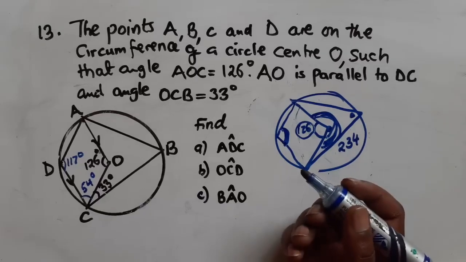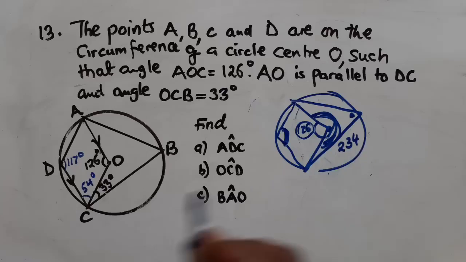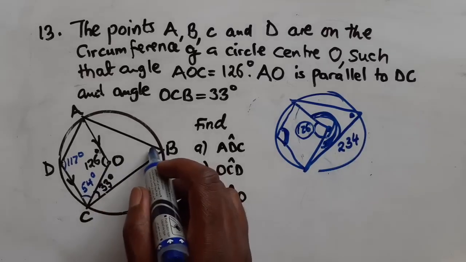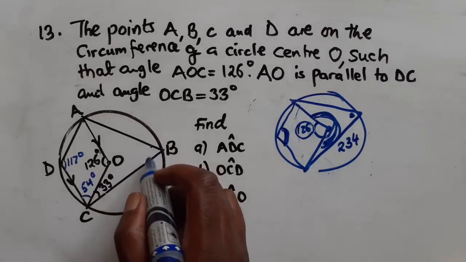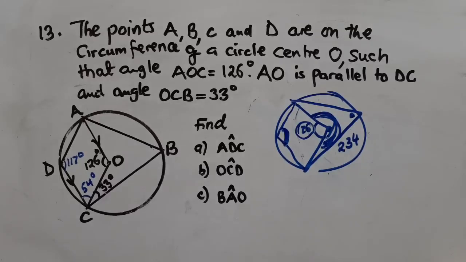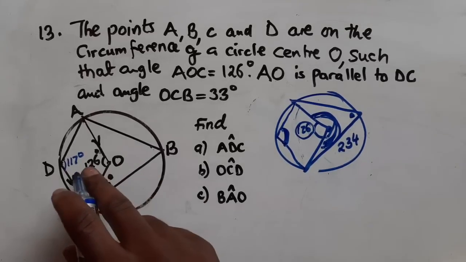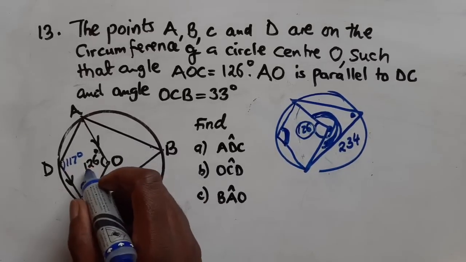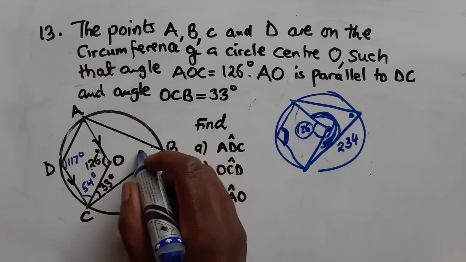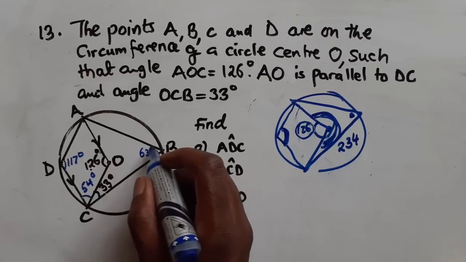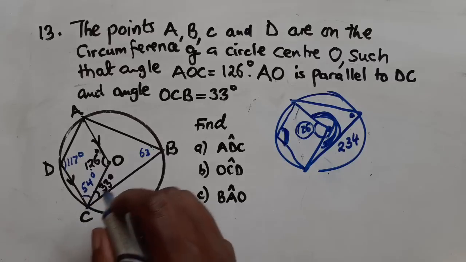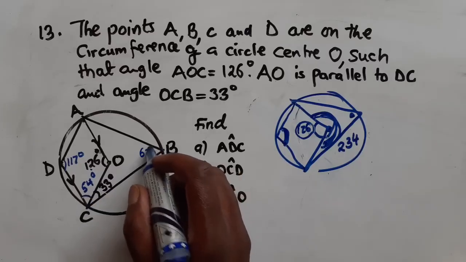You can use that concept, or when you find this angle here, we can go ahead and find this one also by dividing it by 2. When you divide this angle by 2, what do you get? You get 63, isn't it? Am I right? You get 63.